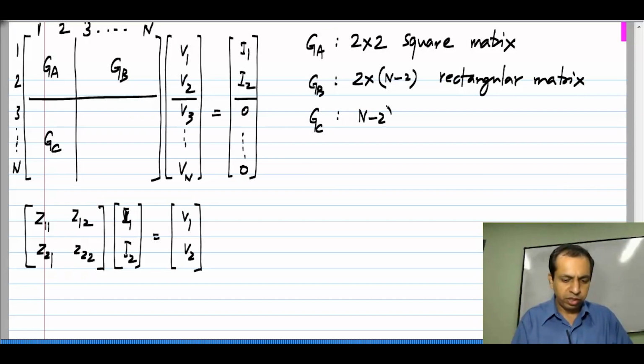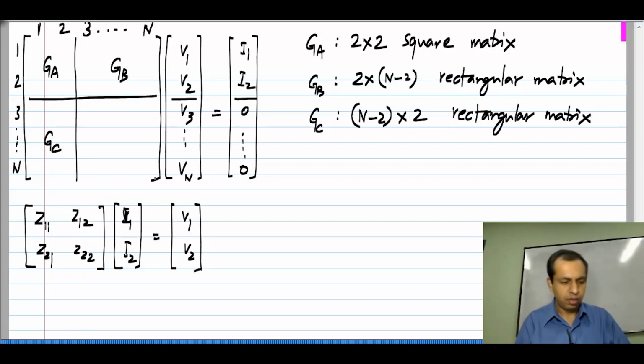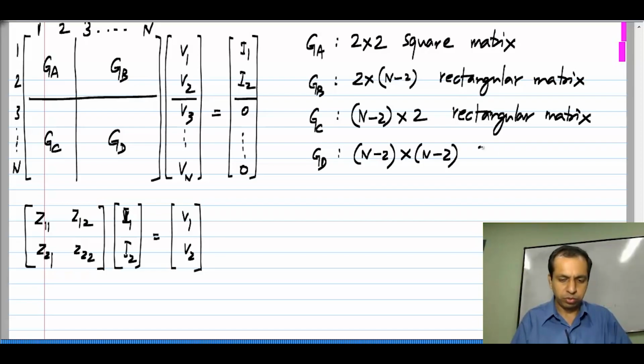It will have n minus 2 rows and 2 columns. It is also a rectangular matrix. And finally, G D, which is a square matrix of n minus 2 rows and n minus 2 columns.